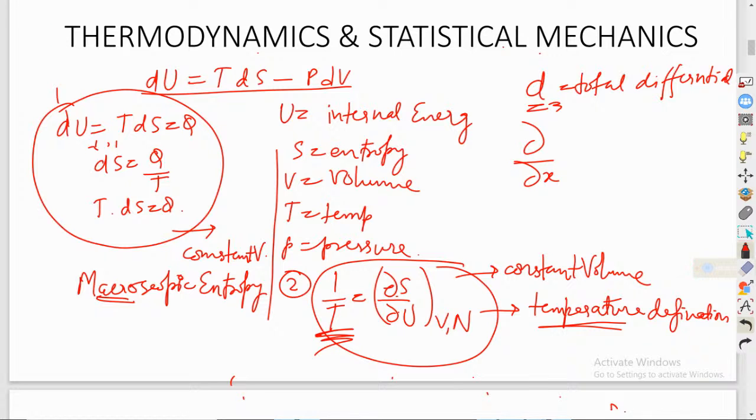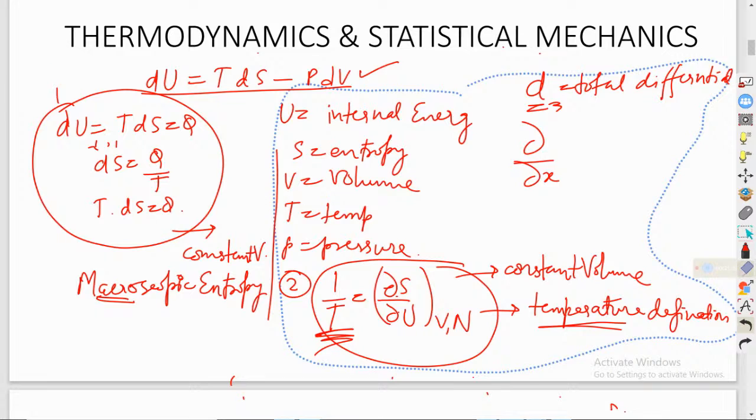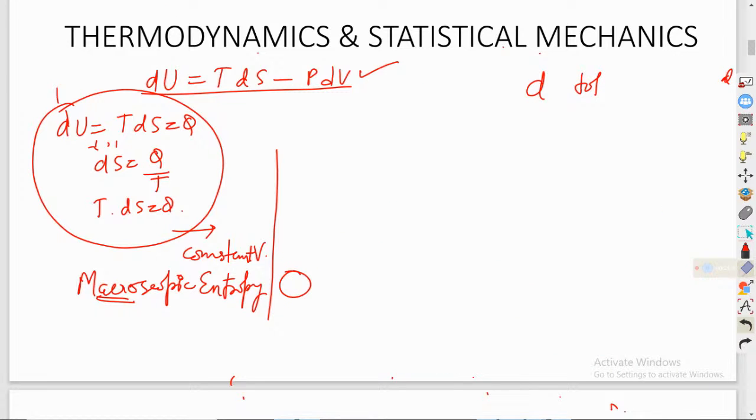Now, the third is from the main equation, that is the thermodynamical equation. I am just rubbing this portion.